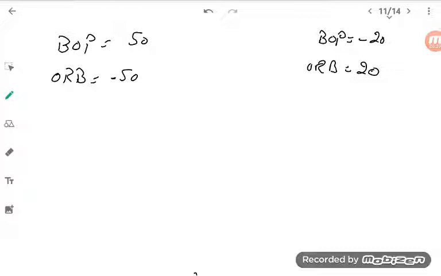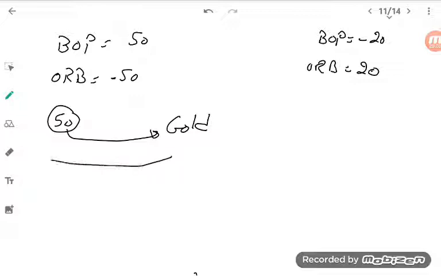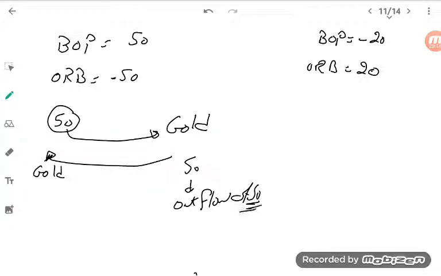Why is it negative if there is a surplus? This is just like, I have 50 pounds. I would like to use this money to buy gold, for example. I am going to get gold and pay the money, so there is outflow of 50 in order to increase or to accumulate more gold.